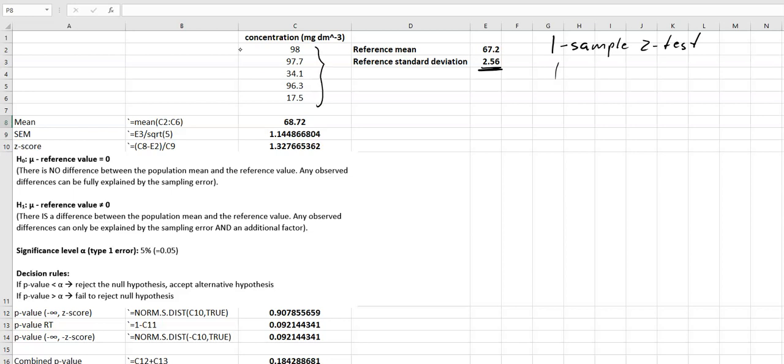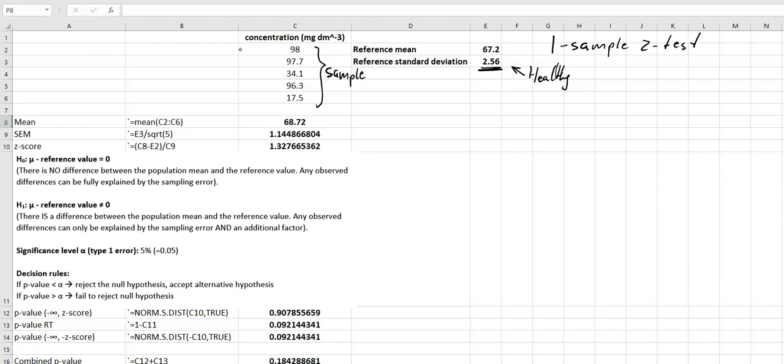That's our sample. And these reference values are from healthy volunteers. And what we basically want to find out is whether this sample could come from a population of healthy volunteers.